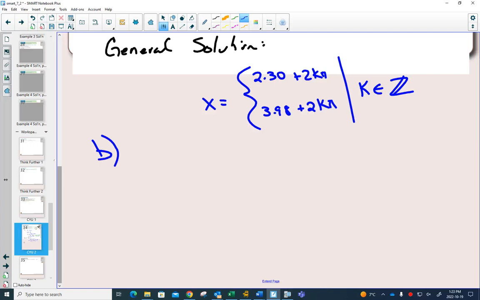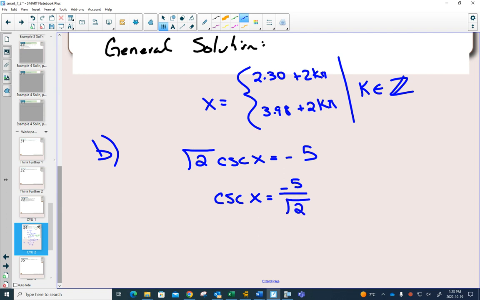Part B. To the nearest degree, solve root 2 cosecant x equals negative 5. So we have cosecant. We could get cosecant by itself, dividing both sides by the square root of 2.